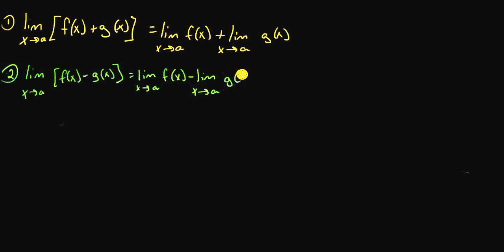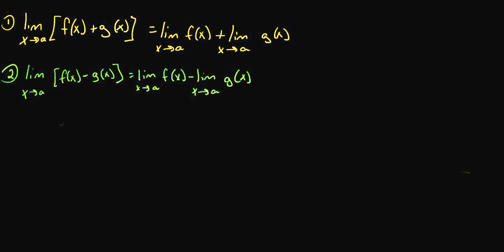So what's that saying? It's saying if we have a difference of two functions, we can separate the two functions out. So don't be scared, guys. Separate those functions out, and then take the limit of each function independently of each other. Not bad, not bad.